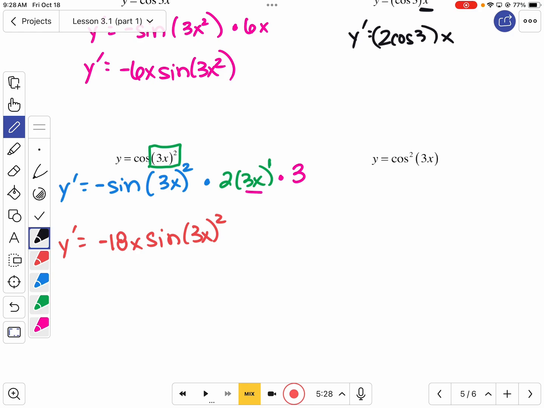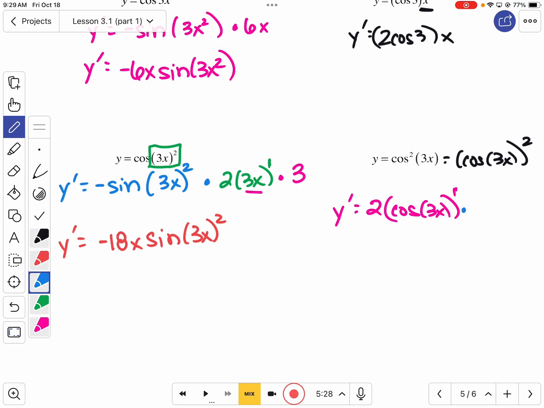Could we rewrite the last one before we started? Yes, we would write that as the cosine of 3x, the whole thing is squared. So when the squared is over the cosine, the whole thing is squared. Now we definitely have a composition. So y prime is going to equal, we raise that to the first power, so cosine of 3x, times the derivative of the inside. What's the derivative of cosine?